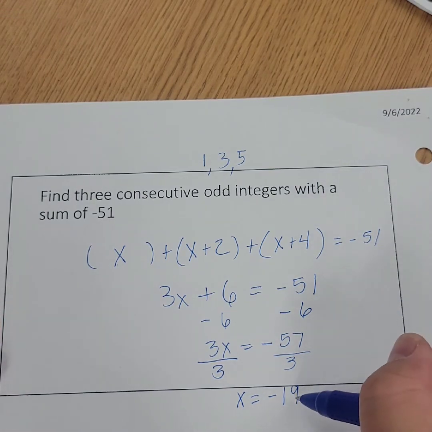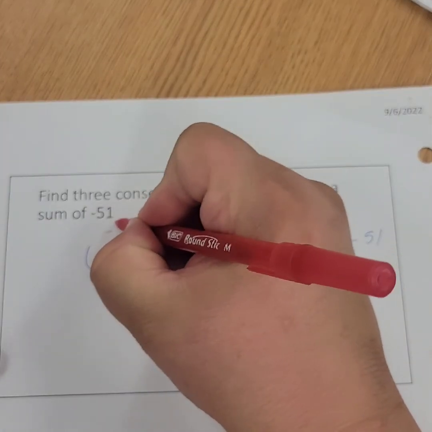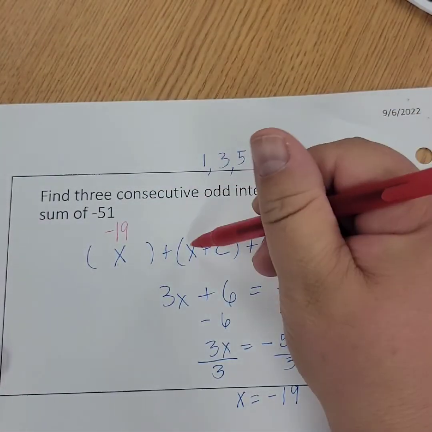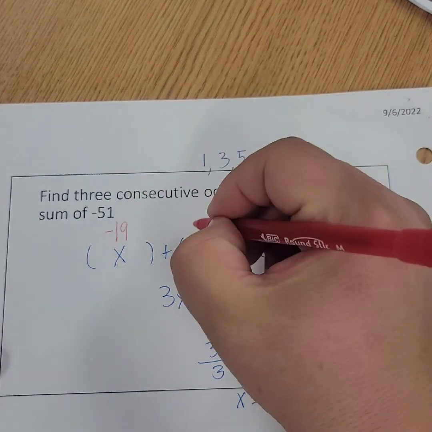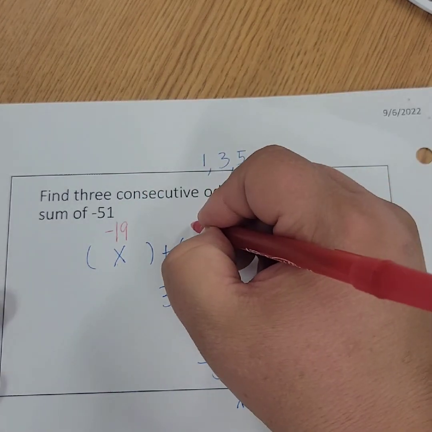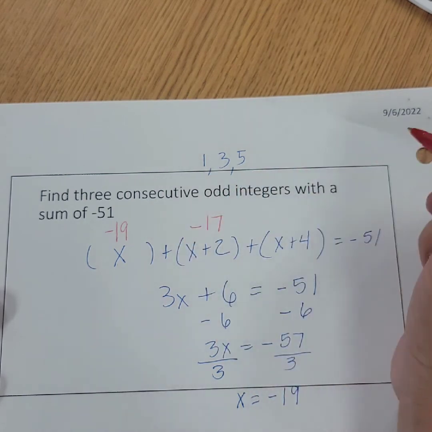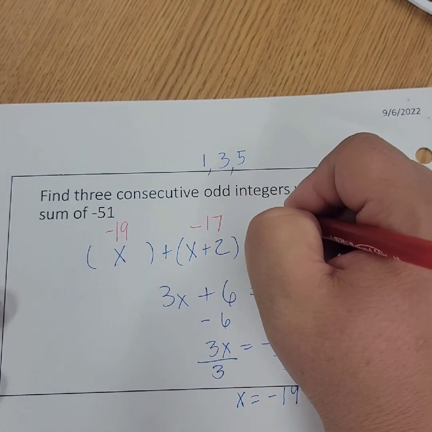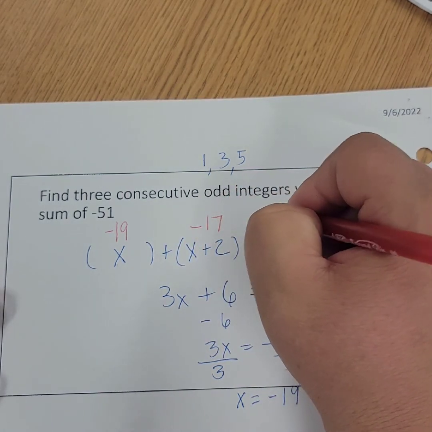Okay, so then if this is negative 19, if we add 2 to a negative number, it makes it actually look smaller, but it's not. And then minus 15.